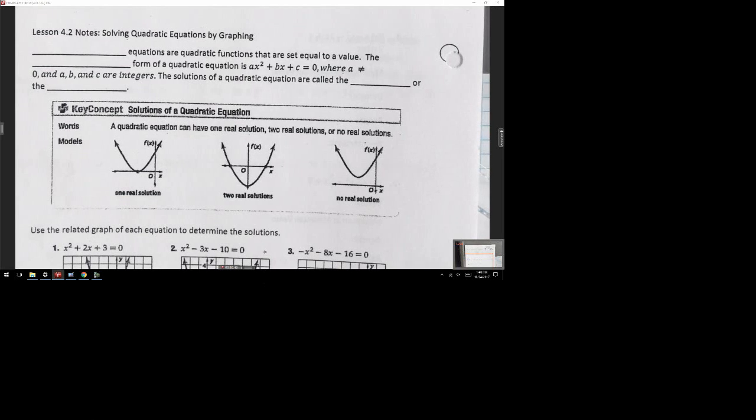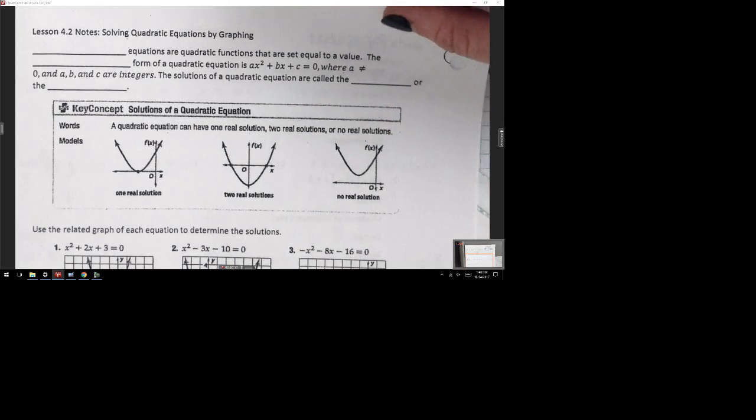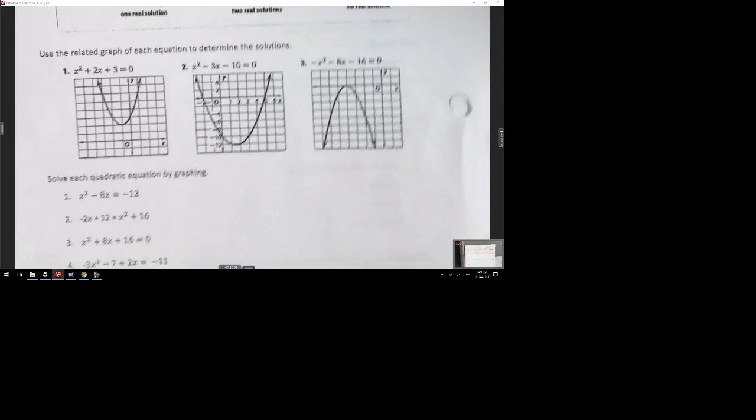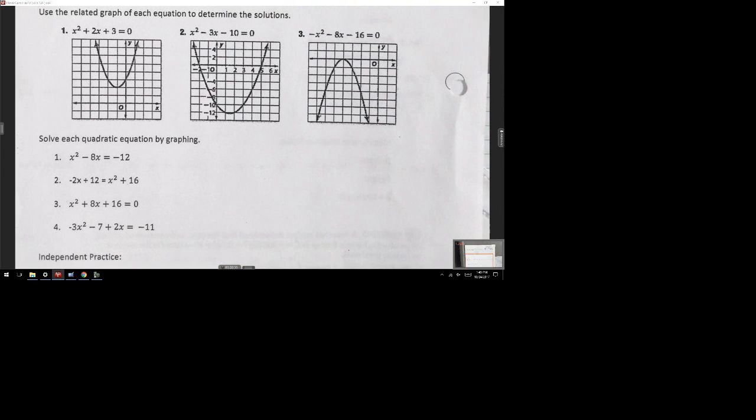Alright, let's look at the bottom, number 1, 2, and 3. It says use those graphs to determine the number of solutions. So number 1 has how many solutions? No real solutions. Don't just put none, and don't put no solution. It's no real solution.